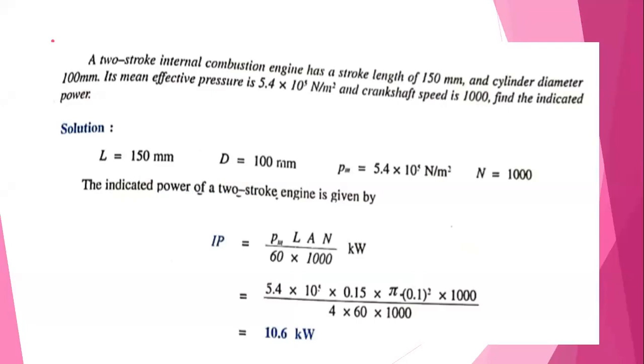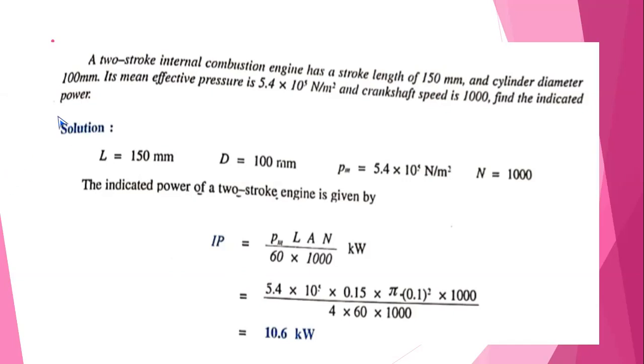A 2-stroke internal combustion engine has a stroke length of 150 millimeter and the cylinder diameter is 100 millimeter. Its mean effective pressure is 5.4 into 10 to the power of 5 newton per meter square, and the crankshaft speed is 1000 rpm. Find the indicated power.